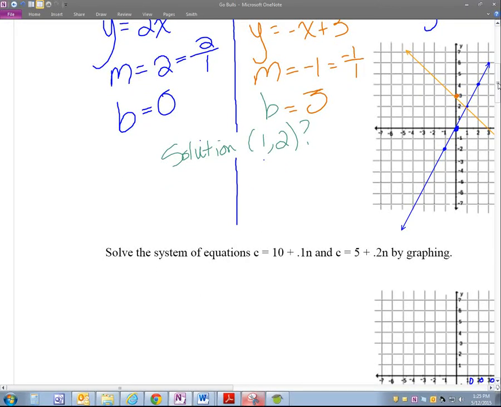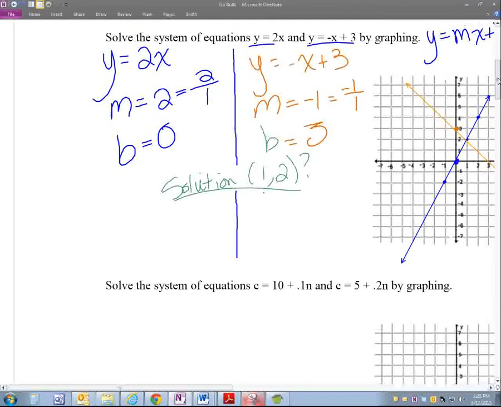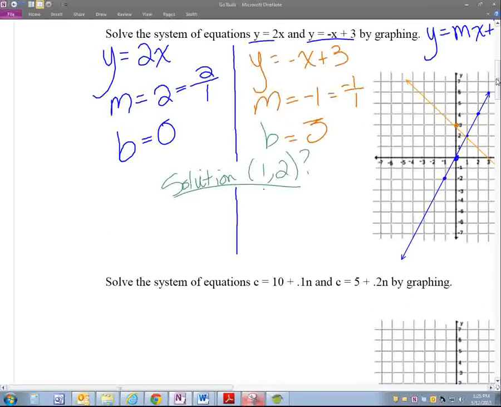So in order to do that, if I want to find out if this is a solution, I have to enter those values of x and y into both of the equations to see if it's a solution for our system of equations. So I'm just going to plug in this x and this y into this guy and this guy. So let's do it down here. We have y is 2, x is 1.